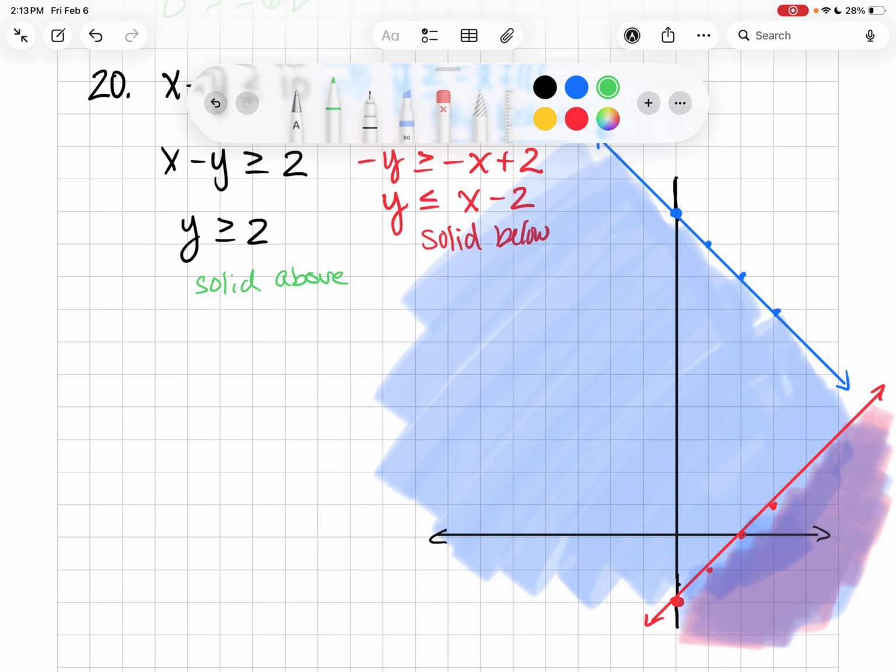Restart. All right, and then the last one, y is greater than or equal to 2. So that means at 2, I have a solid line going across. It's shaded above.